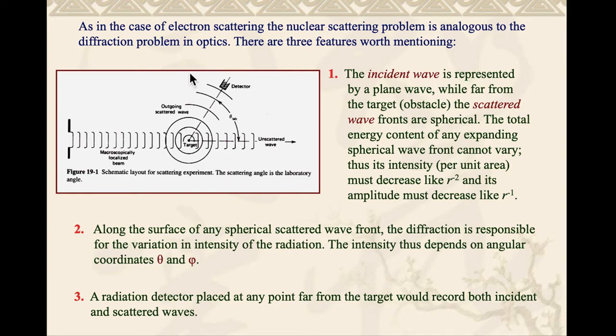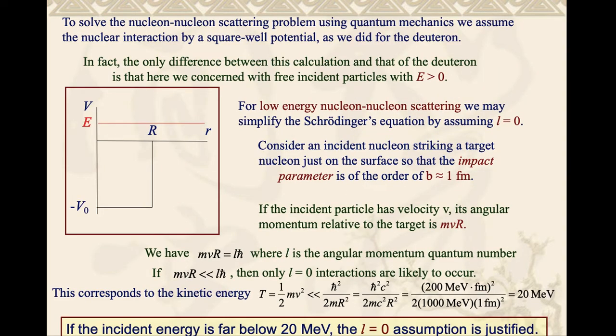If you consider the target, on the left side you have plane waves as the incident waves, and on the right side you can see the unscattered wave as plane waves and the scattered waves as spherical waves. Using a detector, you can detect both the scattered and unscattered waves.